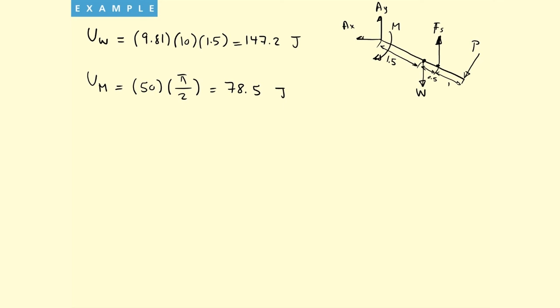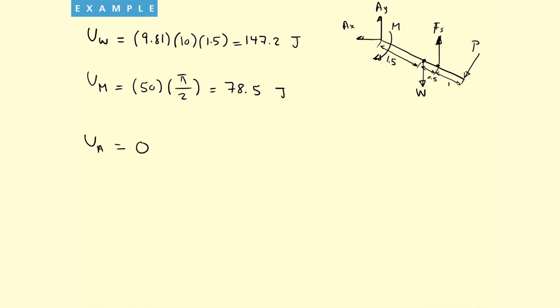The next force that we have here is the pin reactions. So the work done by the pin reactions at A is equal to 0. Again, if you remember, we said the work done by reactions is 0 because they do not have any displacement at the point.